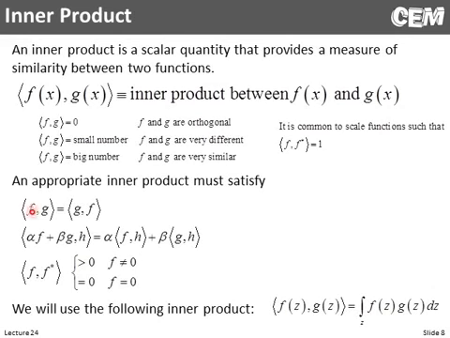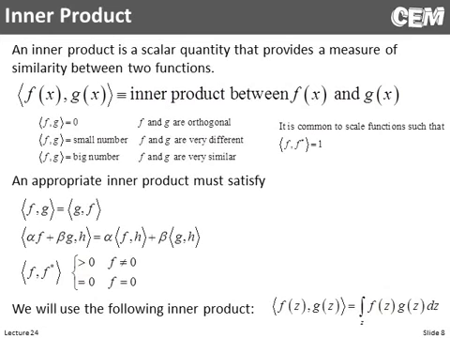If we compare f to g, that should give us the same number comparing g to f. That makes sense. It should be linear in some sense. And also, if these functions are different, we should get a number greater than 0. If we give our inner product a 0, we will get a 0 from it.